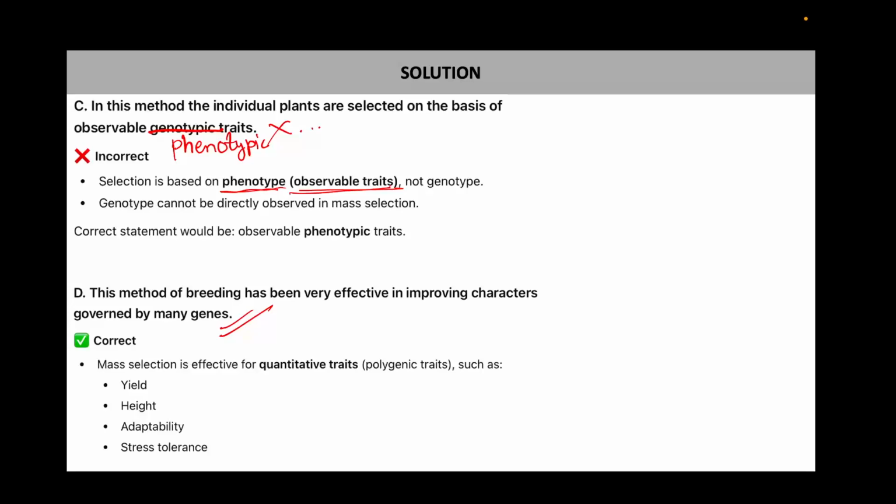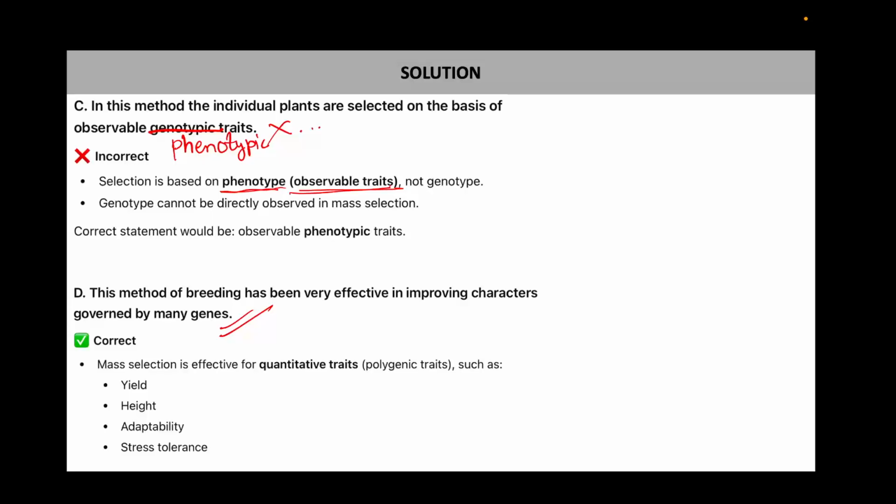But when you take seeds from a population and look for the phenotype you require, no matter how many genes control it, you are selecting the one with the better phenotype. Ultimately, after many populations, you will have plants with better quality phenotype, regardless of what genotypic traits they have.